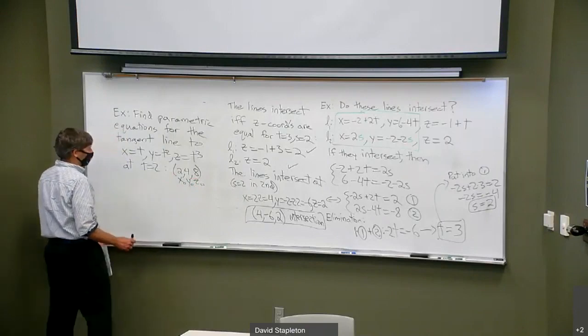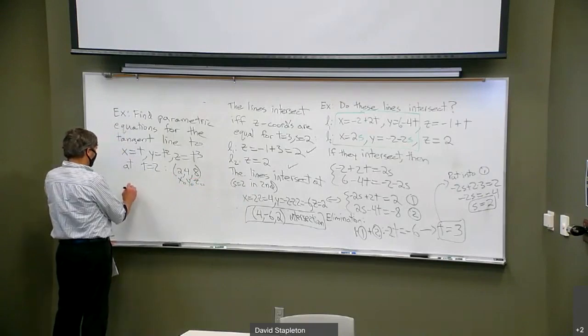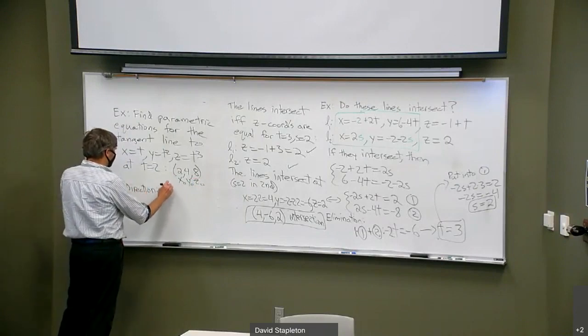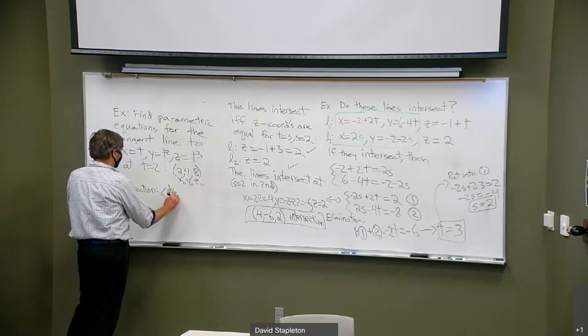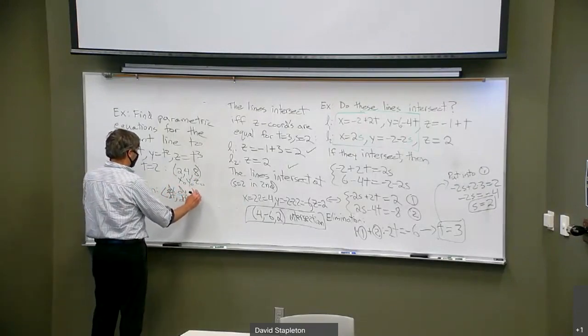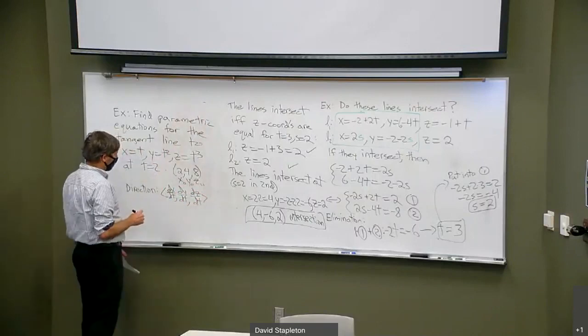So what you do is, this is leaning ahead a little bit, but the direction of the tangent, we'll say shortly, is dx/dt, dy/dt, dz/dt. That is the tangent direction.